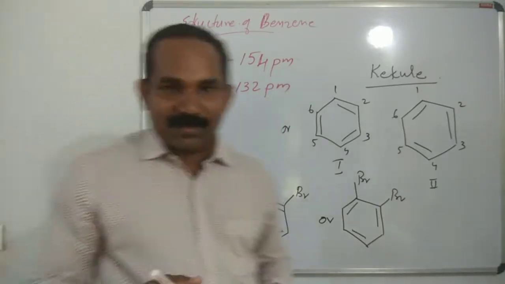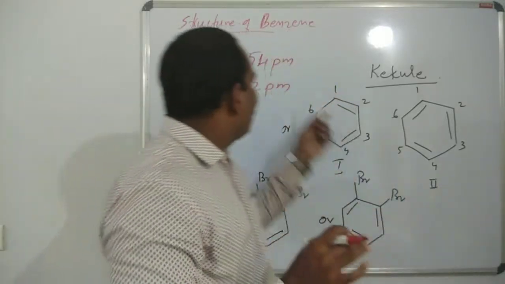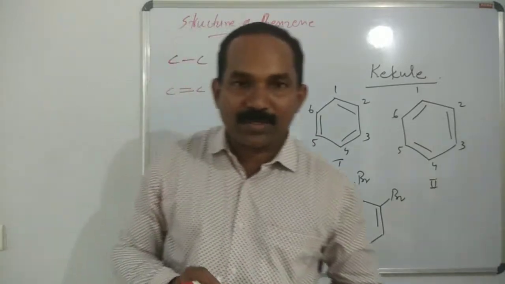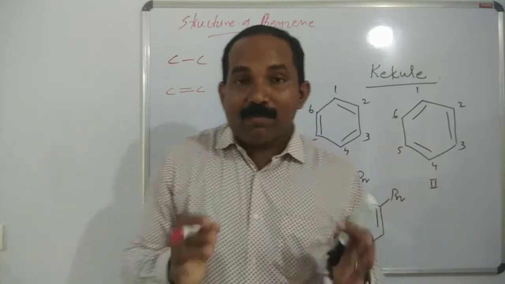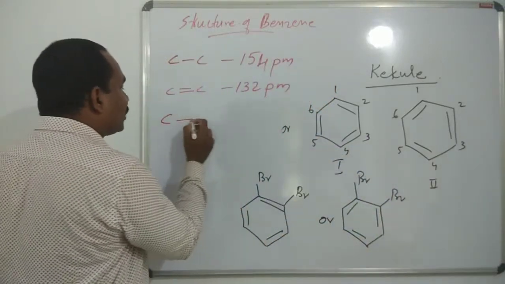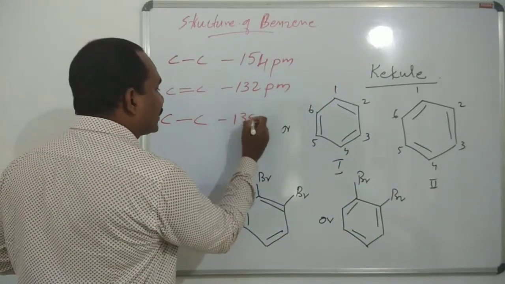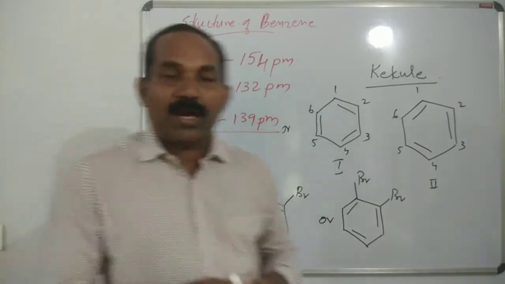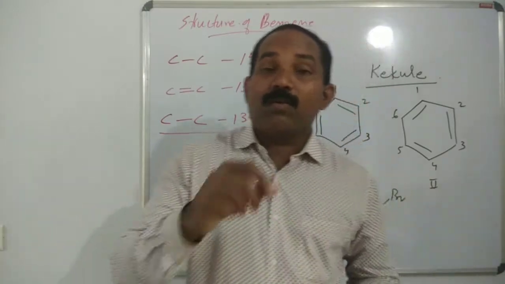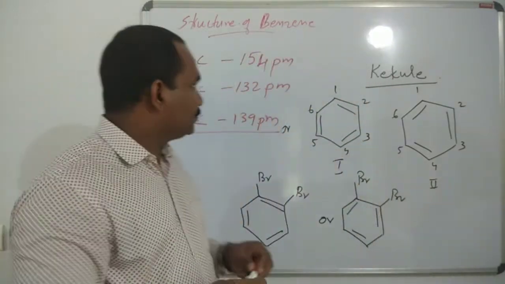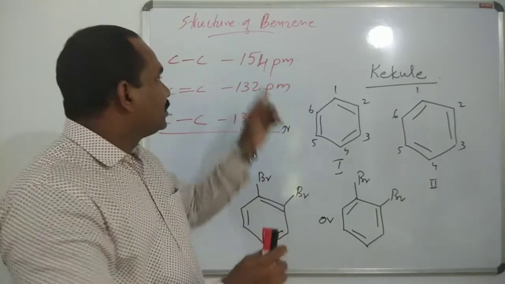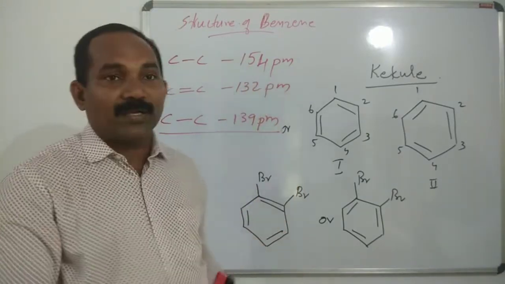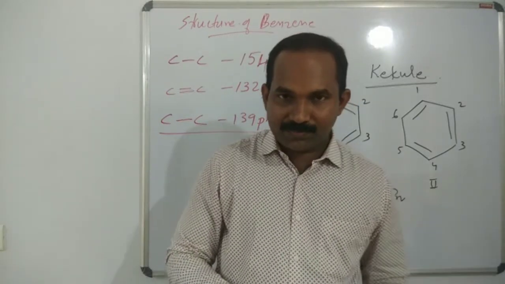In benzene there is no 154 or 132 picometer evidence, but the carbon-carbon bond length is 139 picometer, which is in between 132 and 154.